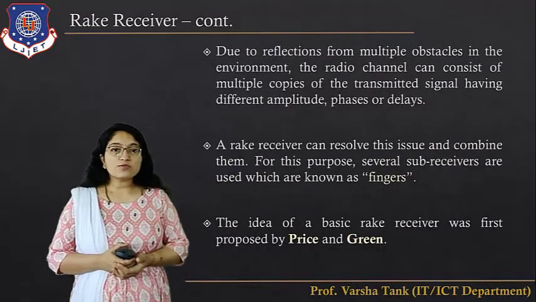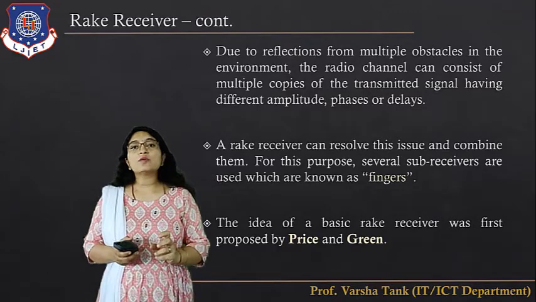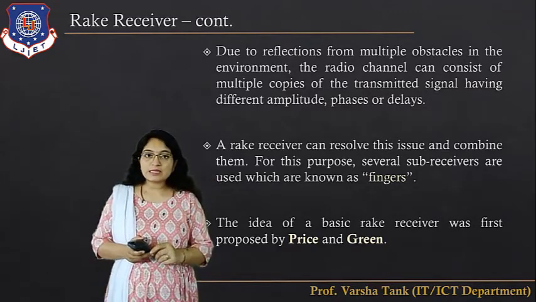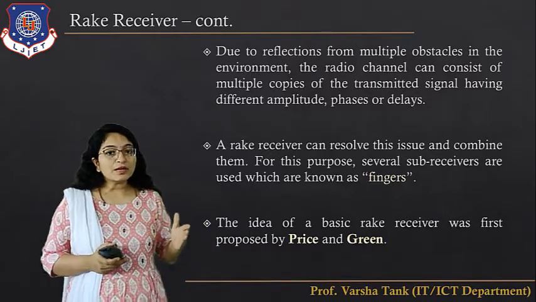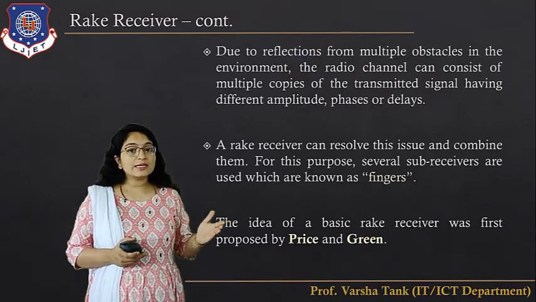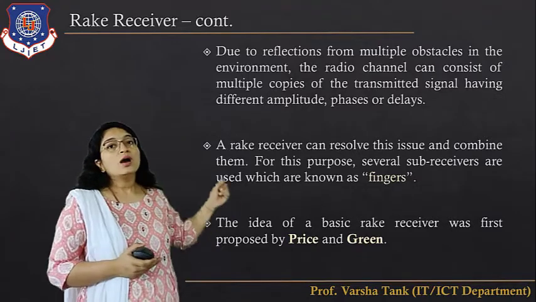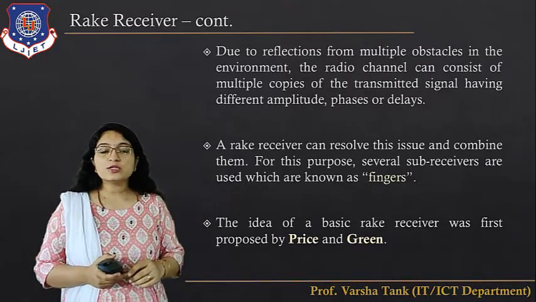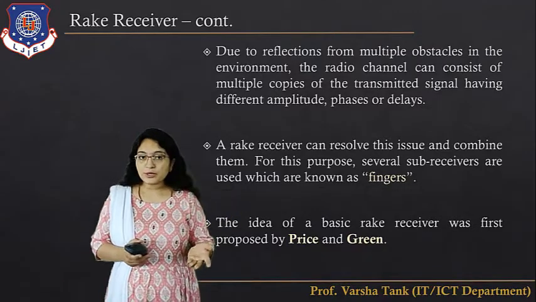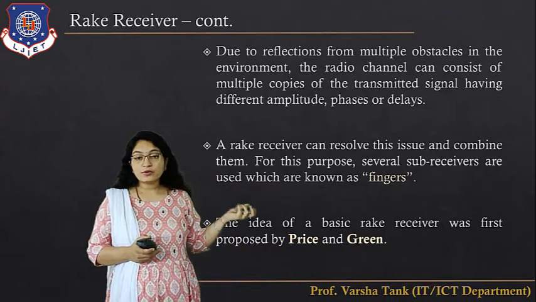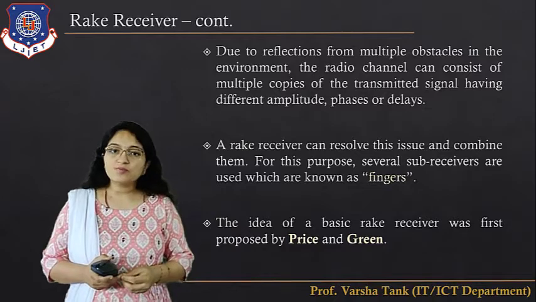Due to reflections from multiple obstacles in the environment, the radio channel can consist of multiple copies of the transmitted signal, which we learned in the previous lecture, based on frequency diversity, space diversity, etc. They have different amplitudes, phases and delays. Each signal has a different amplitude because we are sending it on a different frequency, at a different time, with different phases and different delays.